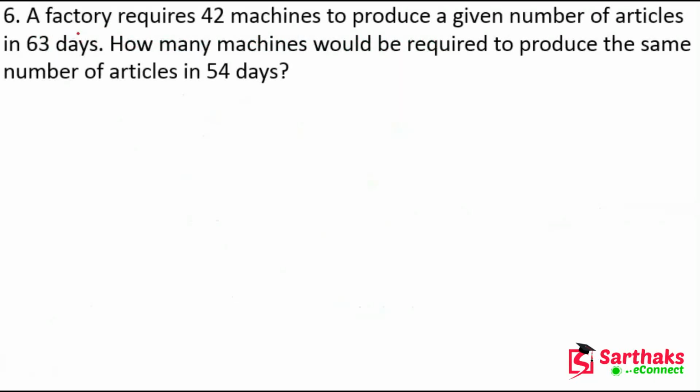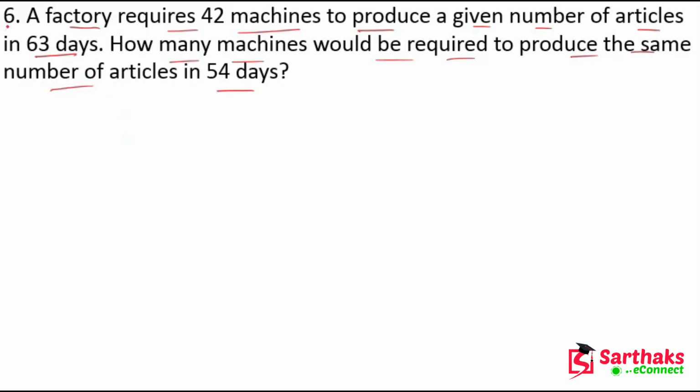Here you can see a factory requires 42 machines to produce a given number of articles in 63 days. How many machines would be required to produce the same number of articles in 54 days?